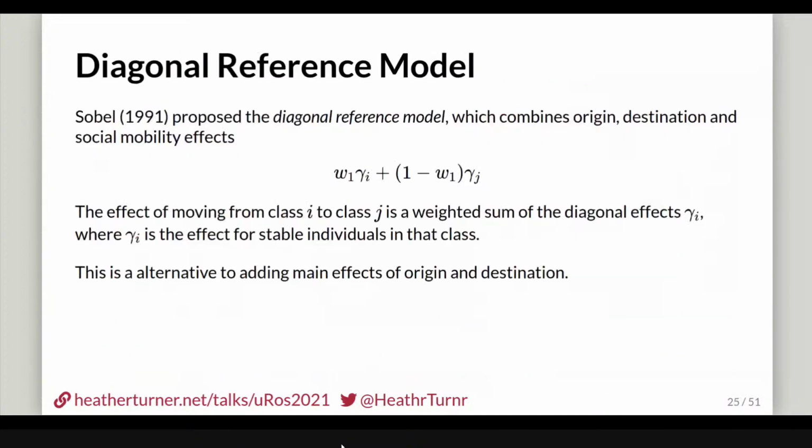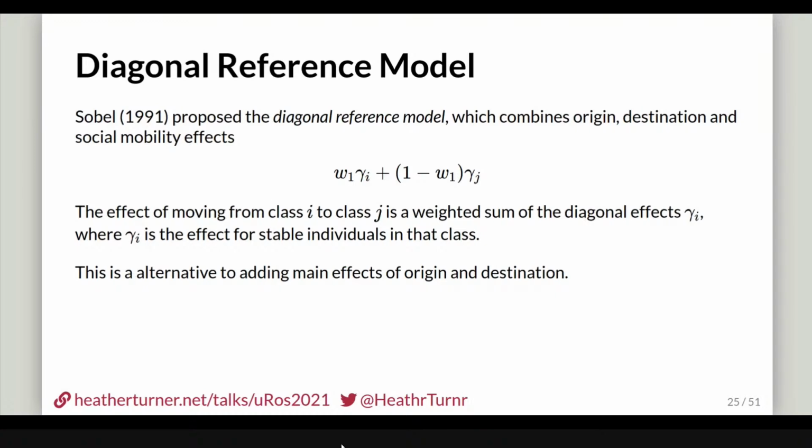Another way we can approach this data is to use the diagonal reference model, which was proposed by Sobel in the early 1990s. And this combines the origin, destination, and social mobility effects all together. What it does is it takes a weighting of what are called the diagonal effects, which are the effects for the stable individuals, the ones that are in the same class in both the origin year and the destination year.